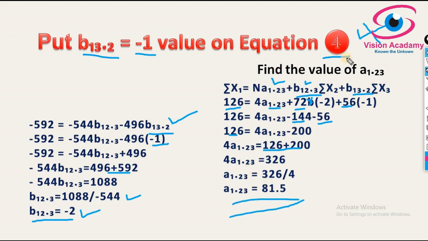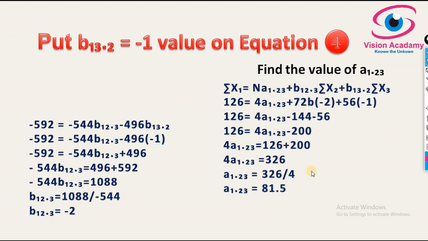So we have found all the three values available in the basic equation, that is B13.2, B12.3 and A1.23. So this is the desired equation. If you want to check whether it is the desired equation, we have to verify the result we obtained using the equation.